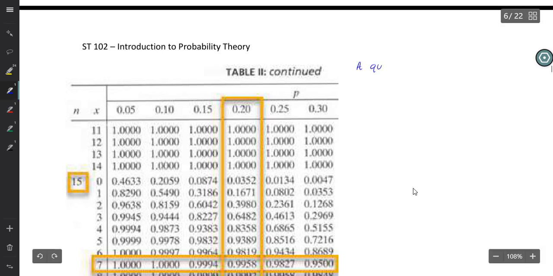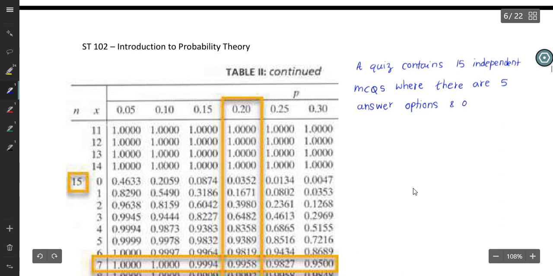A quiz contains 15 independent multiple choice questions where there are 5 answer options and only one option is correct.